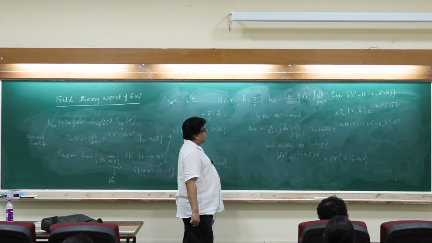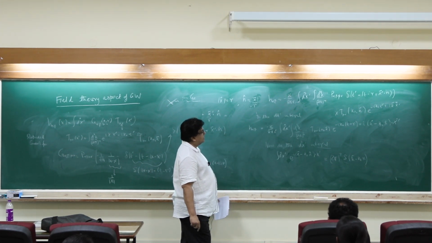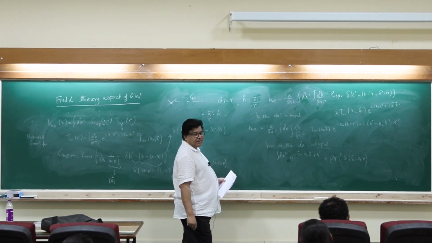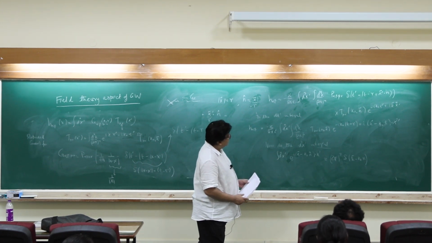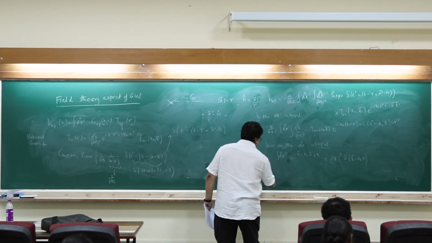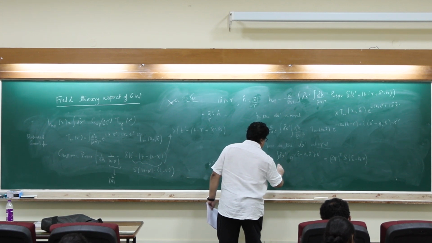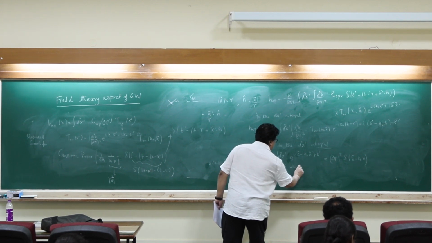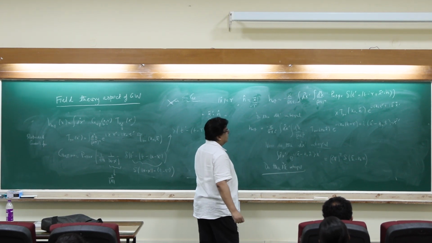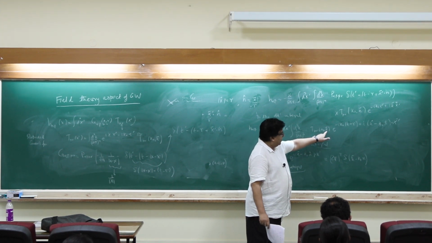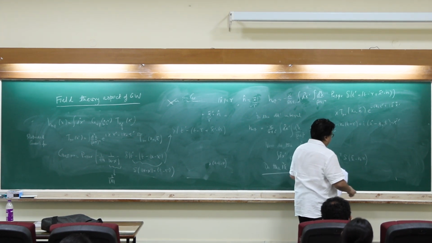Okay. Then do the d cubed k integral. What that will tell you is wherever there is a k, that's only here, will get replaced by k naught n.